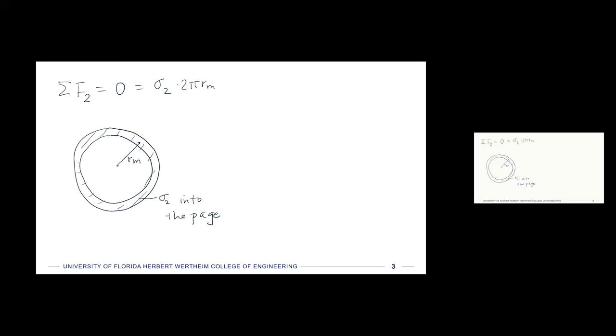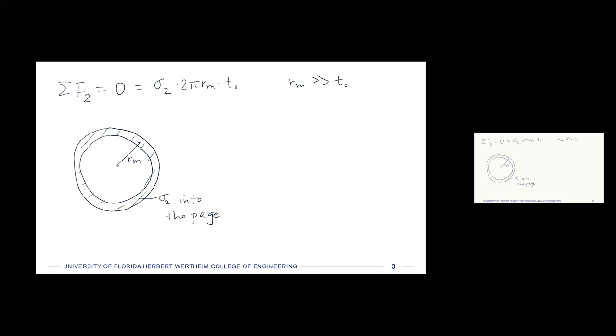So that's the circumference times the thickness. Okay. The radius is much larger than the thickness, so we can make some of these geometric assumptions. So we'll say Rm much greater than T naught. So there would be a smaller order term. We're not going to pay attention to that.